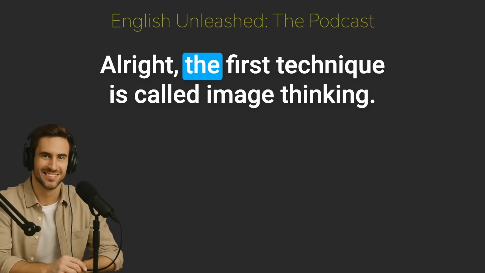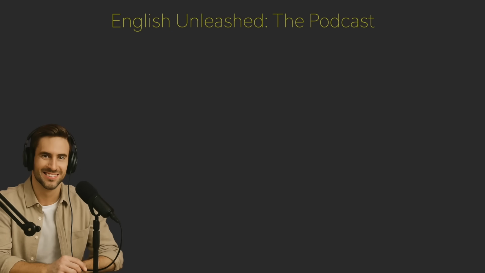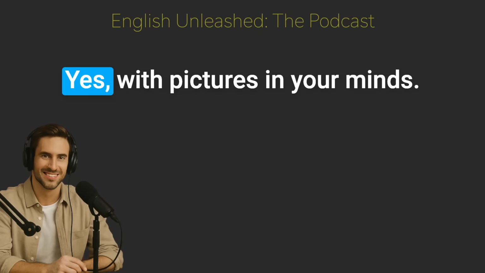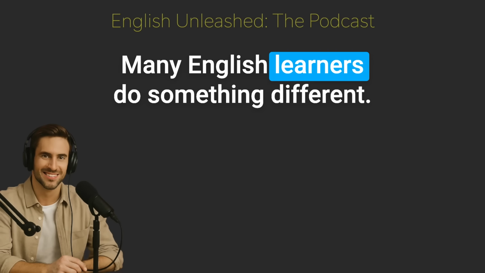All right. The first technique is called image thinking. Image thinking means thinking with pictures in your mind. Yes, with pictures in your mind. Many English learners do something different.